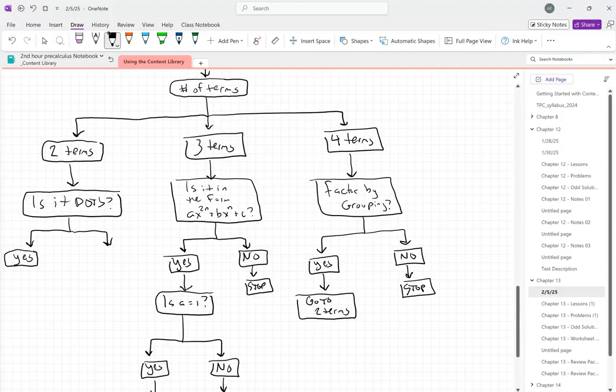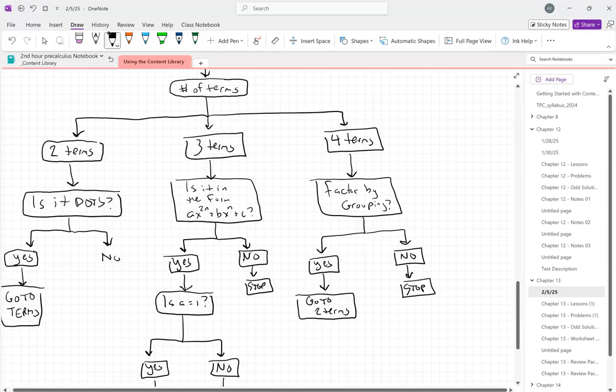If it's yes, you have to factor it, and then you have to check each factor down the two-term branch.